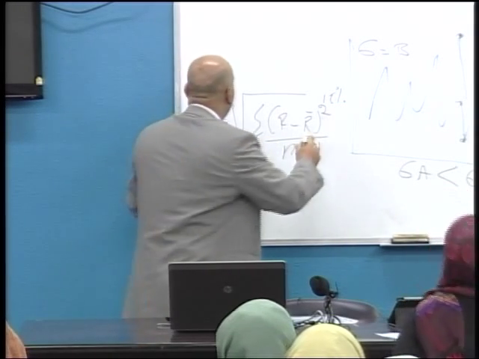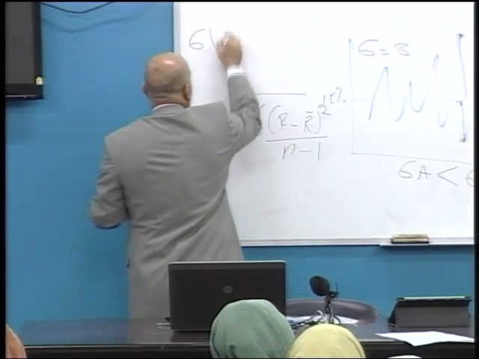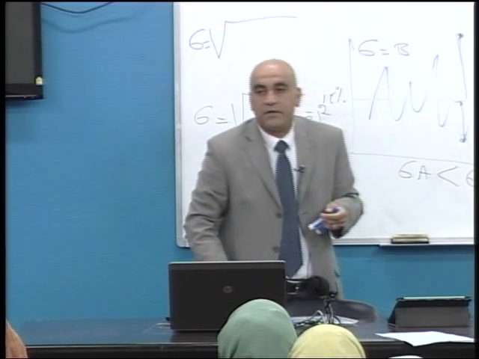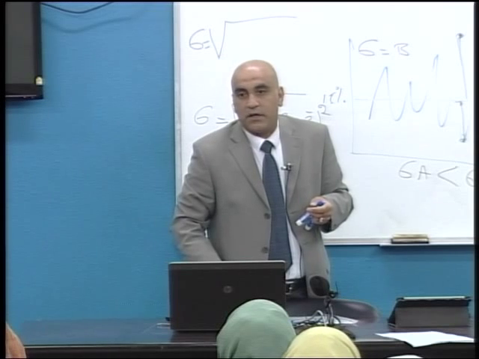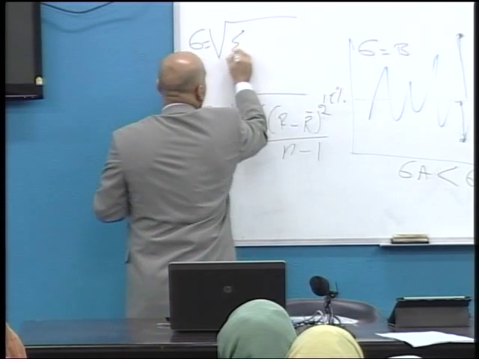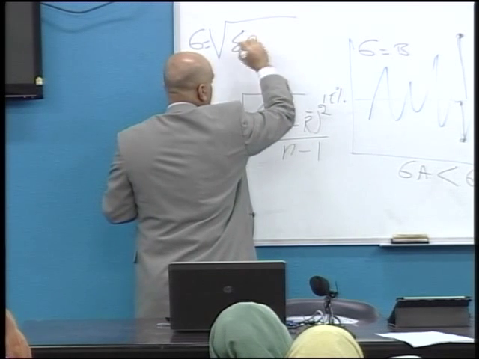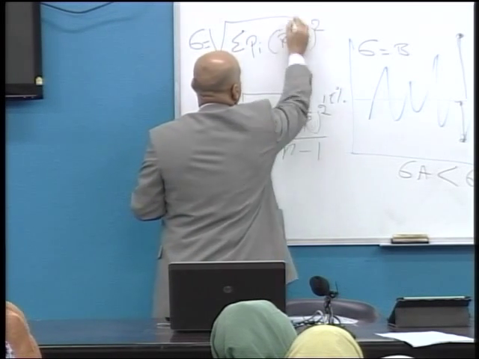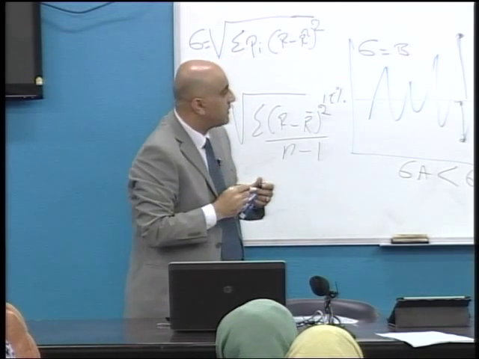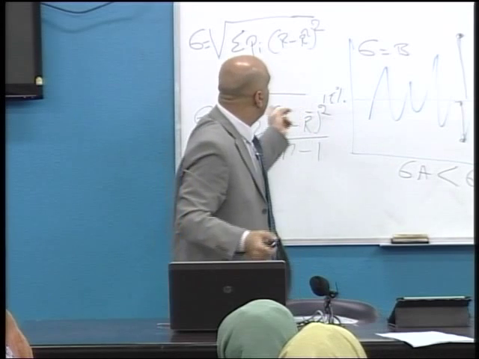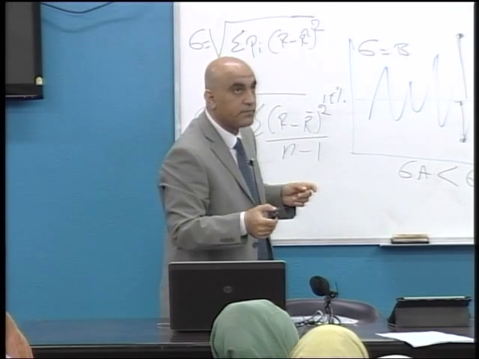But if we have non-historical data, we have future data, it means we are using probabilities. Then the formula will be the summation of p i times r minus r hat raised to the power 2. I will explain all of these equations.